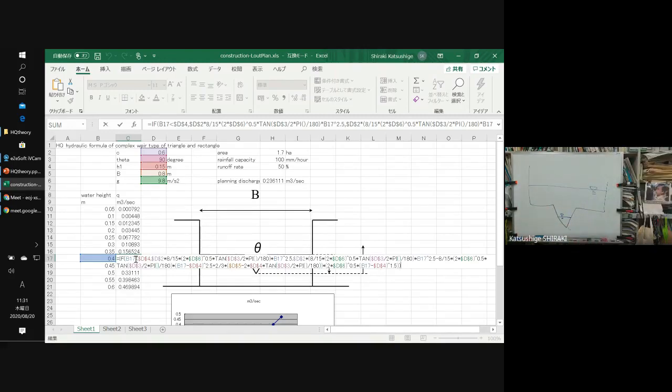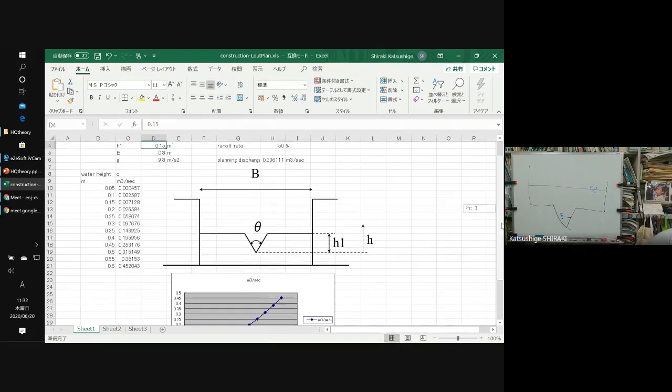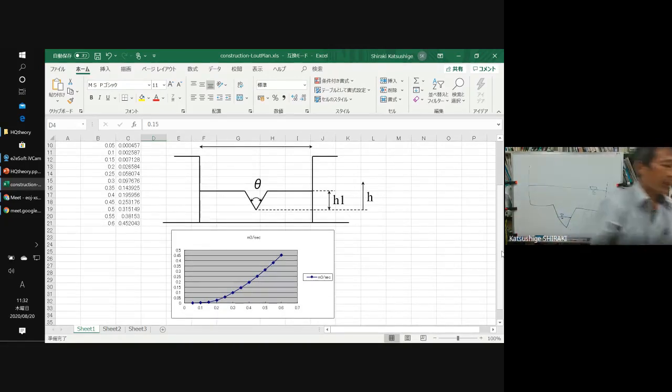This shows that if this height is larger than H1 or not, the calculation switches between this equation and this equation. And if you change the weir angle, for example to 60 degrees, then the HQ curves change a little. So this is an application.